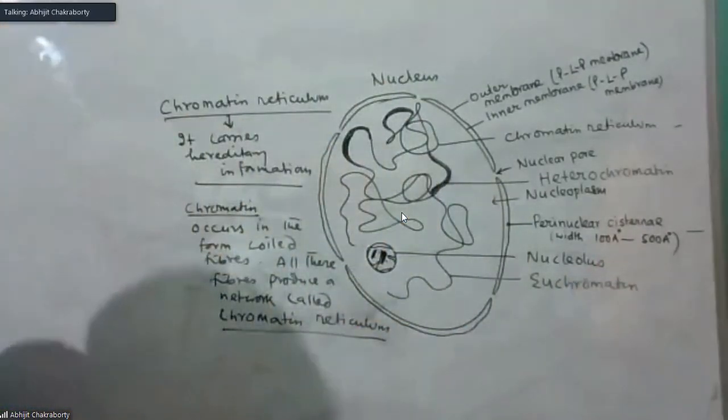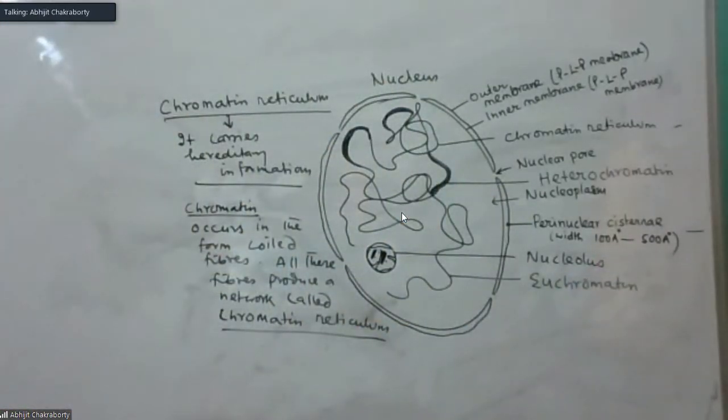So the chromatin region is of two types. One is heterochromatin, the other is euchromatin. Euchromatin is lightly stained, heterochromatin is darkly stained.